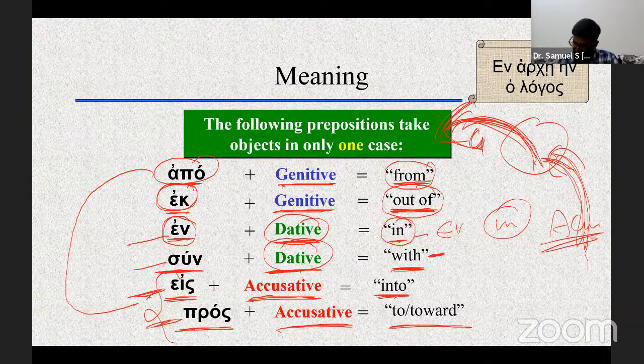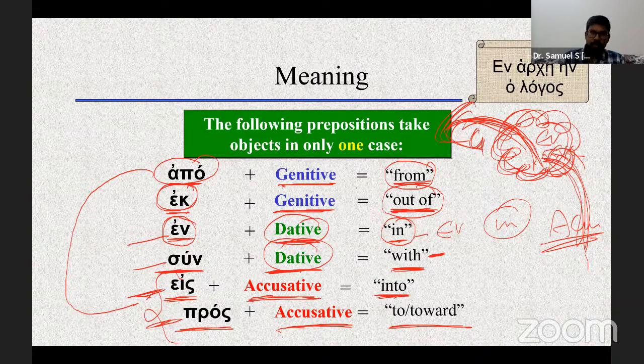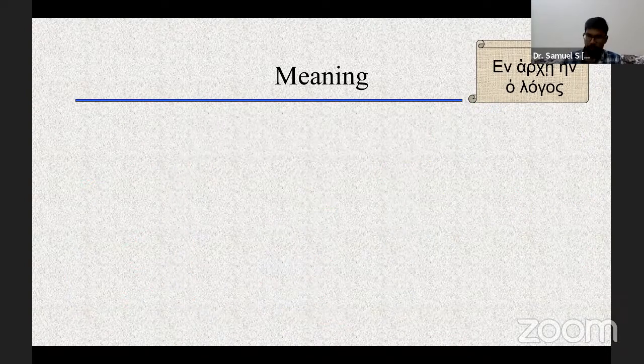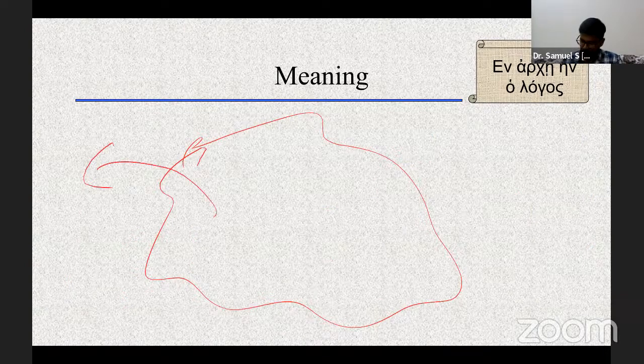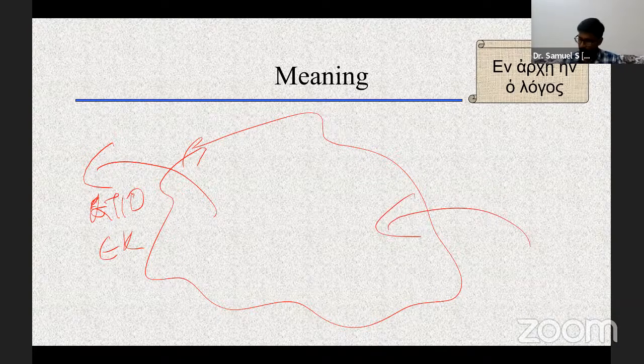Within this, if you want to think about in and with, you can see en and soon. So if we just want to conceptualize this as prepositions that go out, apo, ek, right? Prepositions that come in is what?